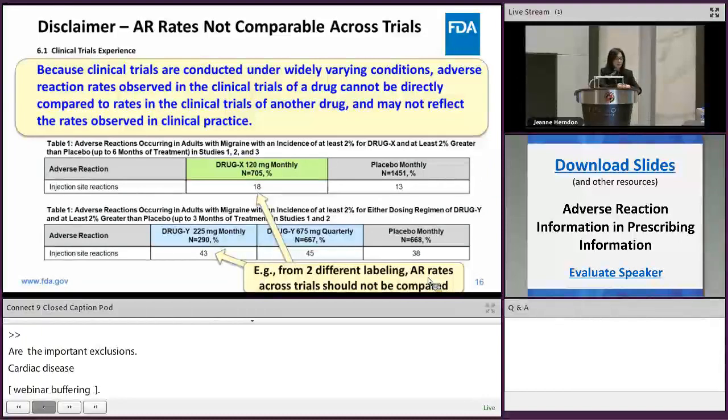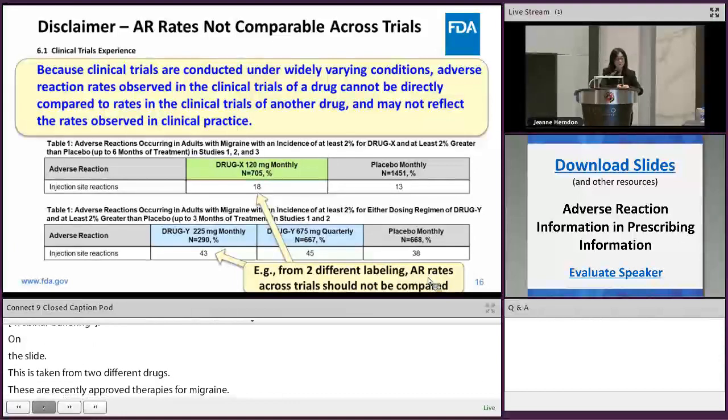And down at the bottom of the slide, this is taken from 2 different drugs. These are recently approved therapies for the preventative treatment of migraine. And you can see that these 2 drugs are both biologics with a similar mechanism of action. And you'll see that, just as an example, the placebo rates vary widely, right?